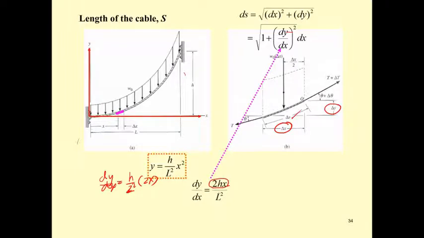You put it over there and rearrange it. You can determine the length of the cable in this form.